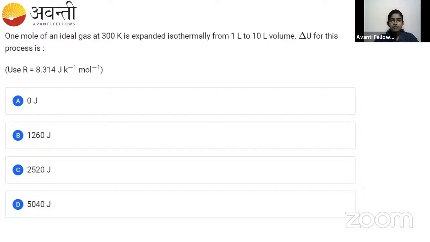1 mole of an ideal gas at 300 Kelvin is expanded isothermally from 1 liter to 10 liter volume. Delta U for this process is? So what we have to find out? We have to find out delta U. Now, here the system is given as expanded isothermally. Isothermal means delta T will be equal to 0, right?